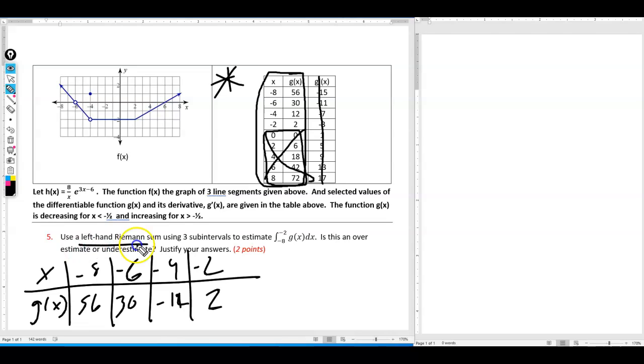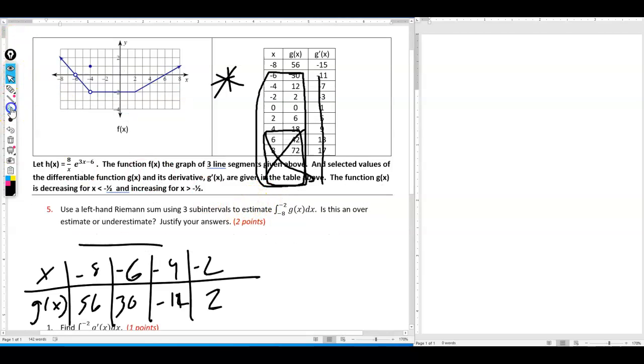It says, use a left-hand Riemann sum using 3 subintervals. Oops, I erased more than I wanted to there.